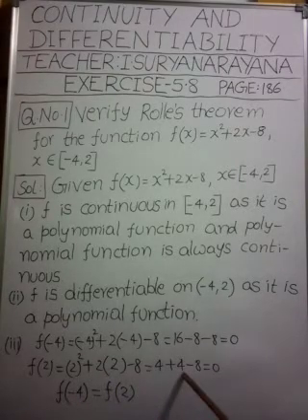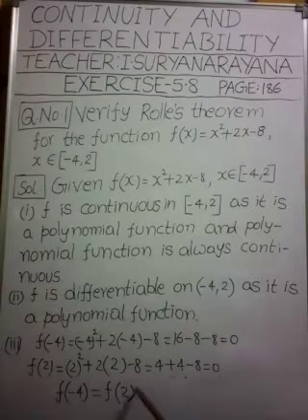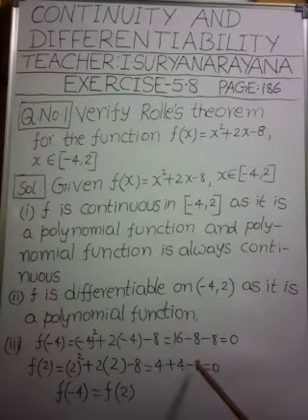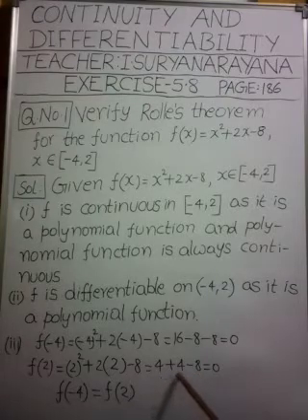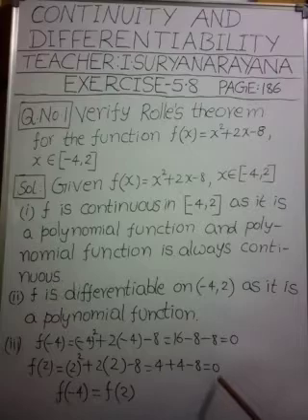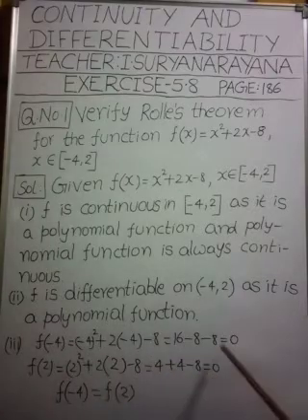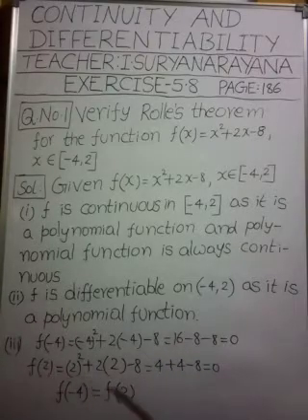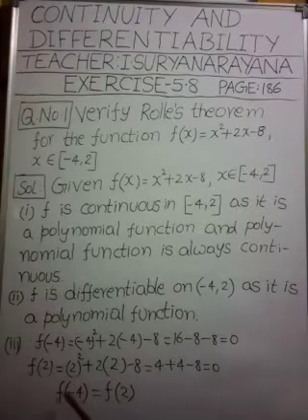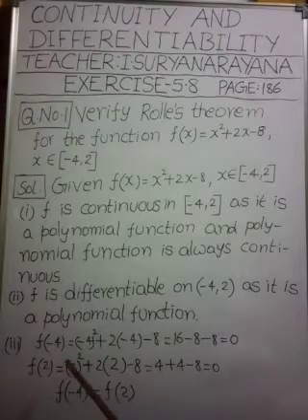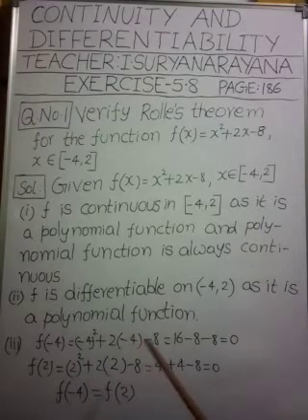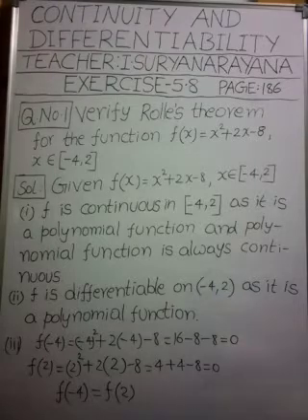I wrote the third term, −8, as it is. By simplifying these three terms, what do you get? 0. Here the f(a) value is 0 and the f(b) value is also 0. Both are equal: f(−4) = f(2). So the third condition of Rolle's theorem is also satisfied by the given function.